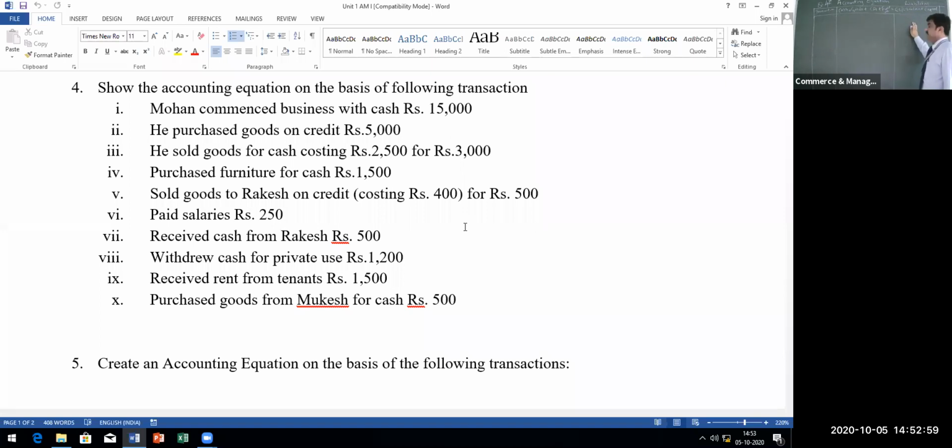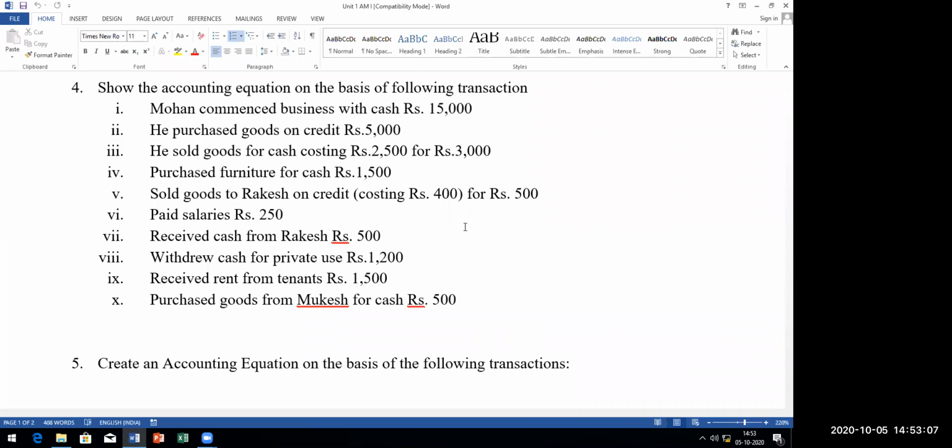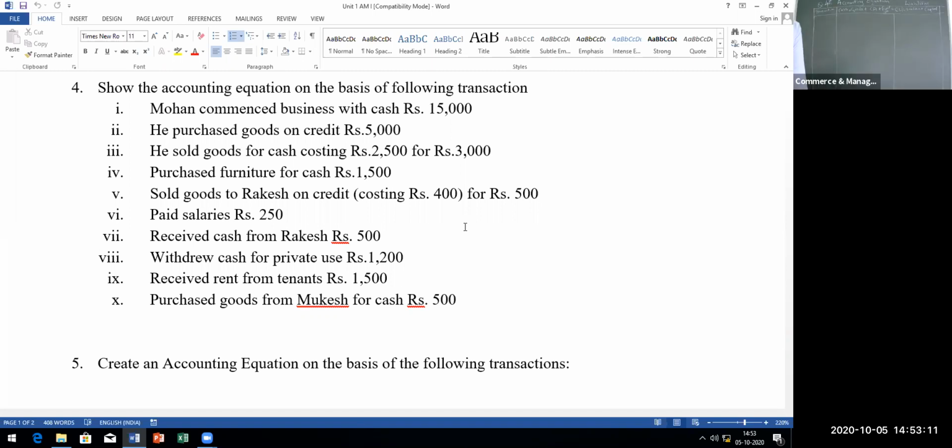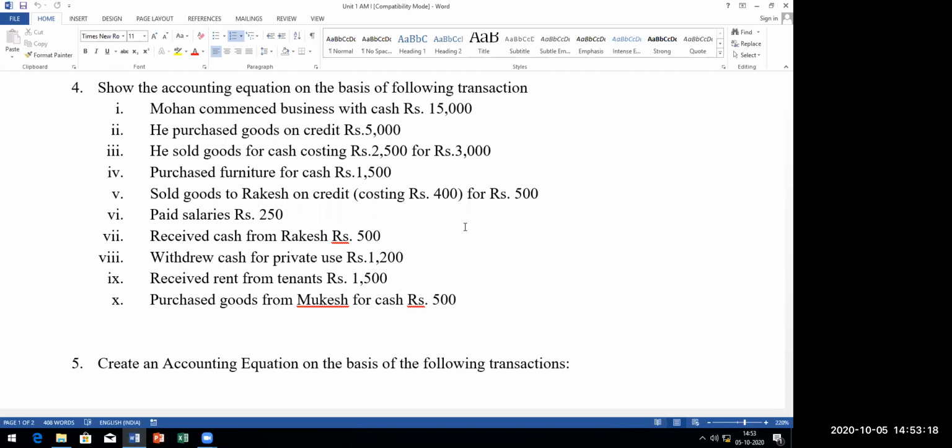Then the remaining things are the same: long-term liability plus capital. Sir, only when furniture alone is there, you write furniture? Yes. When more than one is given, just write fixed asset.